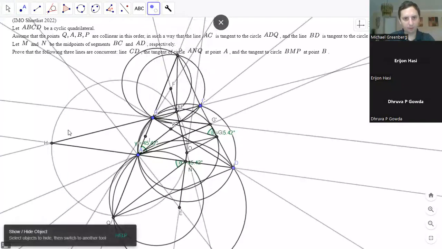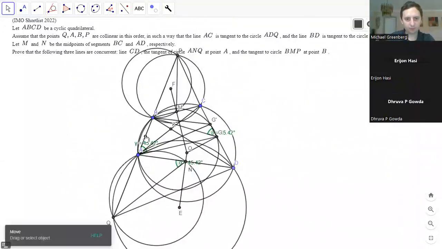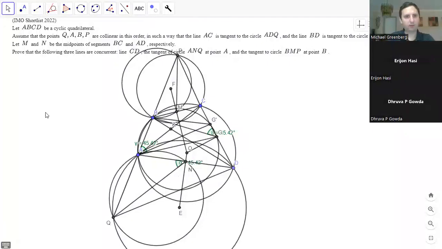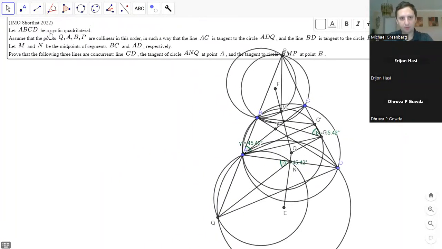So let's see. We could just define G prime to be the intersection. I'll just keep that, but we don't need this. Okay, and we don't need this. Okay, so let me write this out.